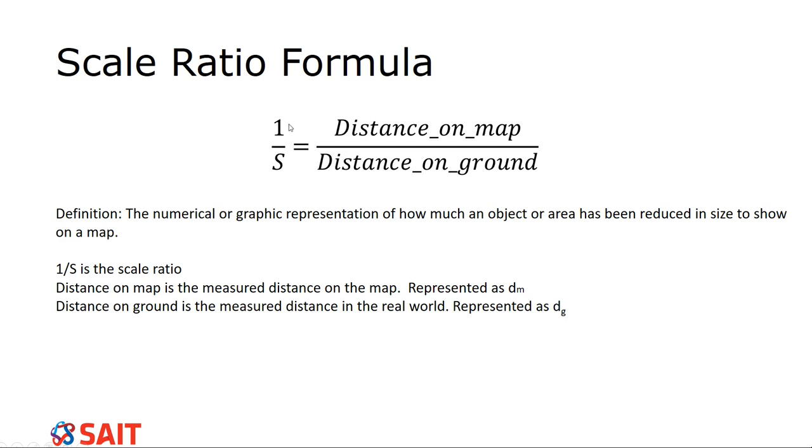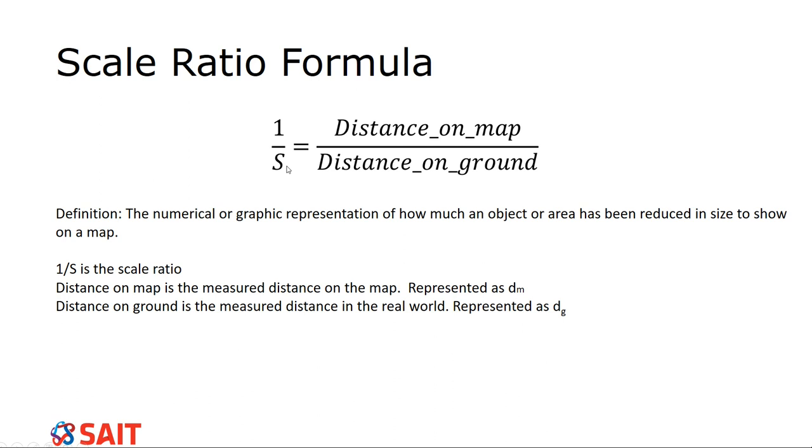It's still the same formula though. To define this, 1 over s is my scale. It's written as a representative fraction in this mathematical formula, but it does become a unitless ratio. So if I put the 1 and then the colon, which is where the line is, and then s, which is the scale number. In this case we're often trying to solve for s, the scale number.